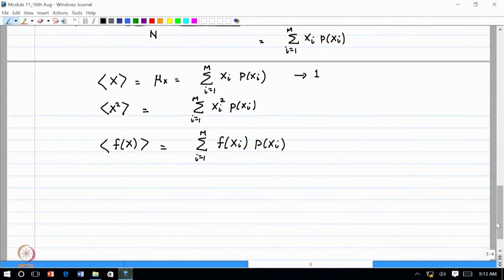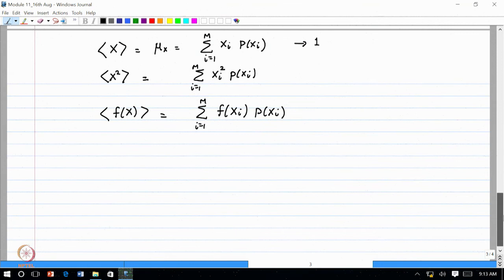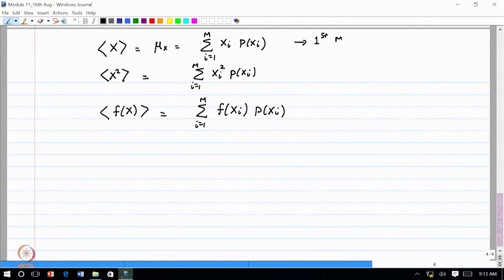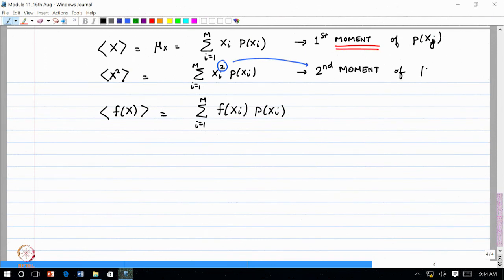And then the average is called the first moment of the probability distribution function. The square is called the second moment. So, this 2 here is what connects with the second moment of p of xj.